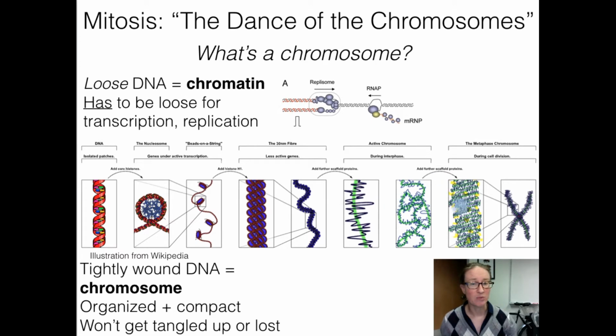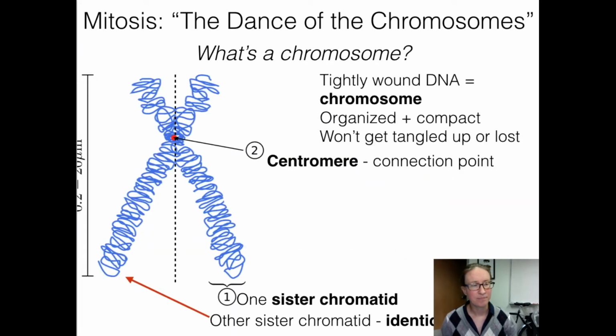And so then eventually we reach an organizational level where you can actually see under a microscope in many cases the pieces of DNA as a chromosome. When it's in this format, the DNA is really tightly wound, and so that helps with ensuring that DNA is not going to get tangled up or get lost in the process of cell division.